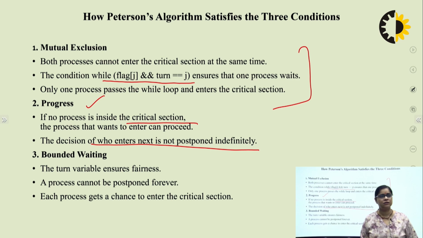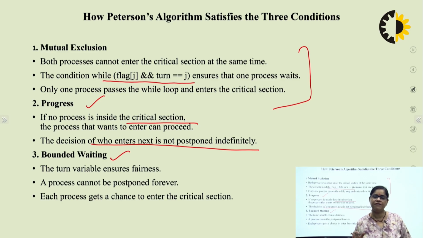Okay. Now, the third is your bounded waiting. In bounded waiting, if you remember, we are taking the variable turn, due to which there will be no condition of starvation. We are ensuring the property of fairness with the turn variable.